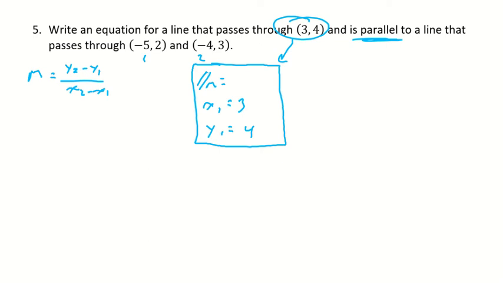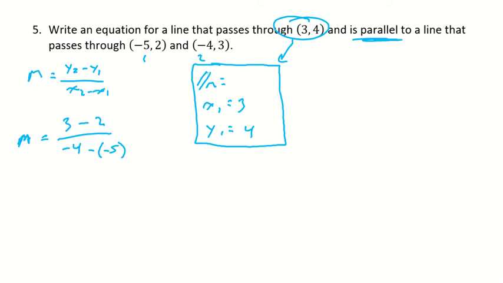And substitute the y value from the second point, 3, and subtract the y value from the first point, 2. And the x value from the second point, -4, minus the x value from the first point, -5.